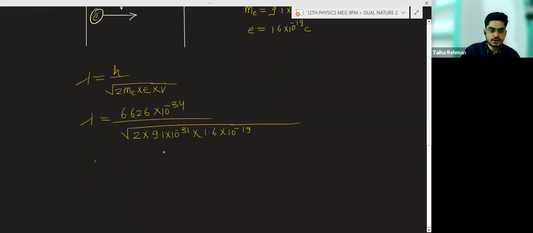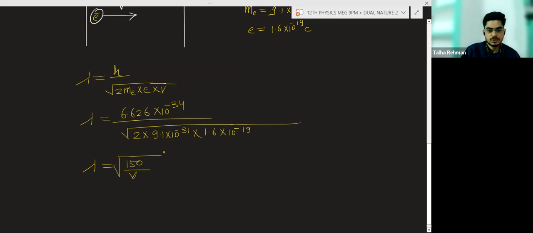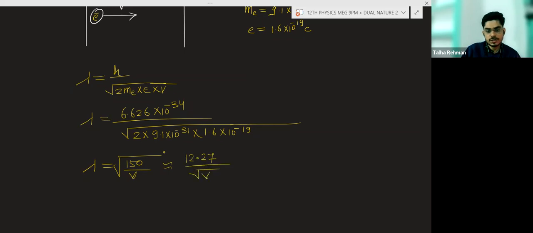When you find out, this value will come out to be under root of 150 divided by V, and this value will be approximately equal to 12.27 divided by under root of V, and this is valid for electron only.